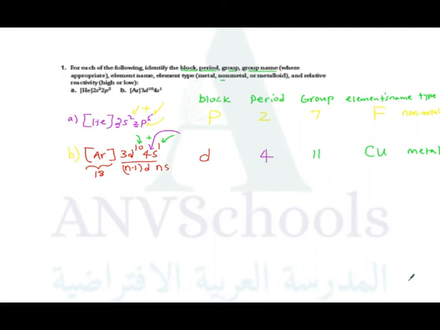So let's summarize the electron configuration, especially for elements in the d block.